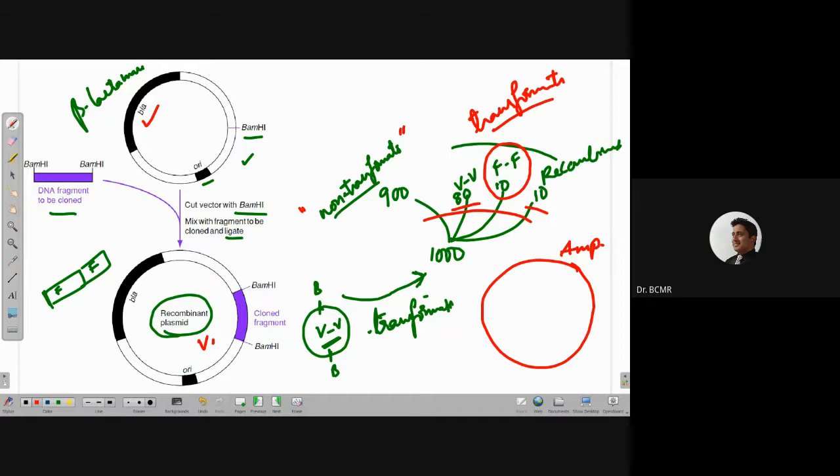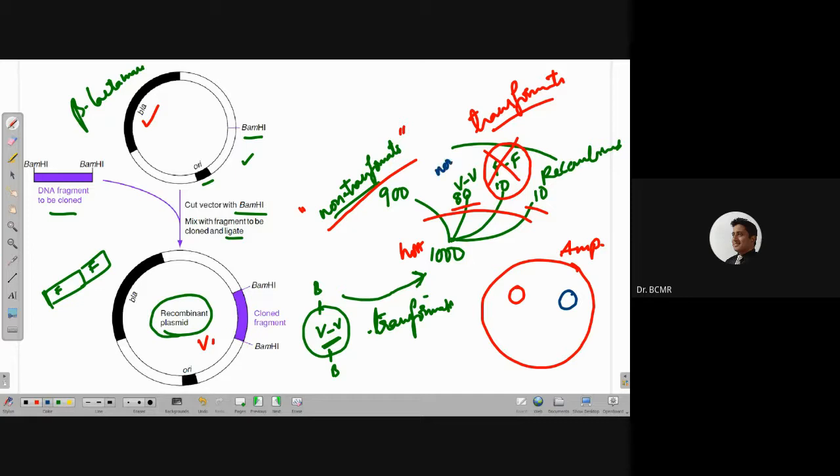So what I'm trying to say is, the purpose here is that you get used to the terms. Non-transformants are those host cells that did not get any DNA from outside. Although I have put them here, this is not often the case, because they will not grow as colonies on the agar plates. So what we now have are vector-vector religation, which I would refer to as non-recombinants.